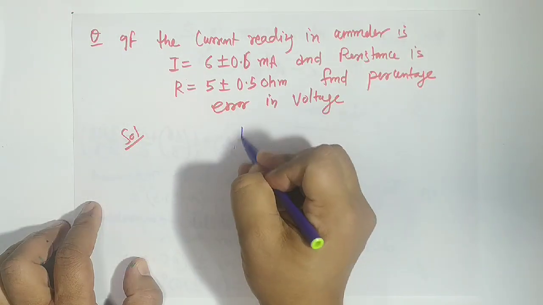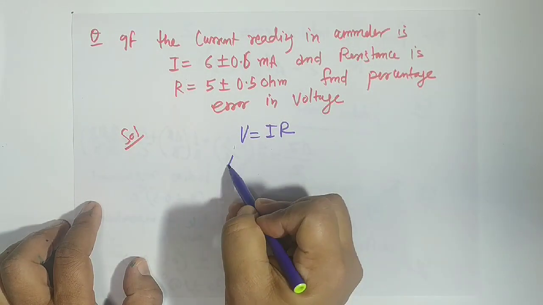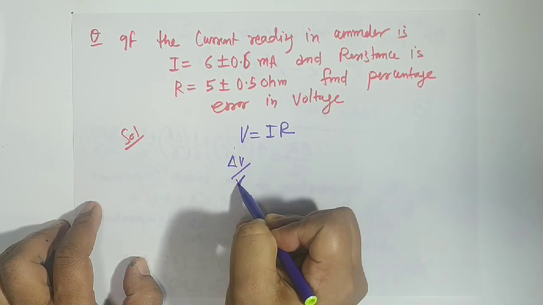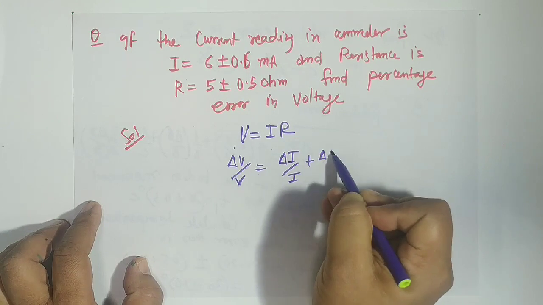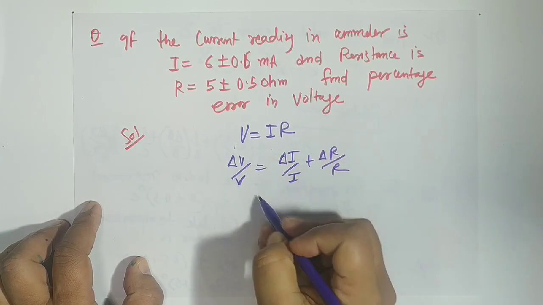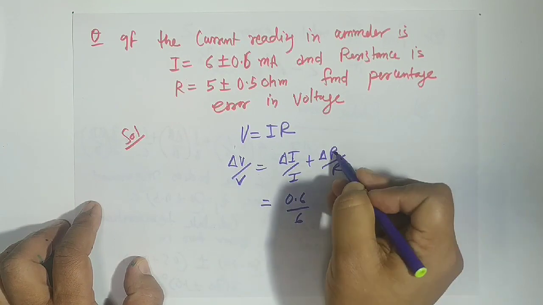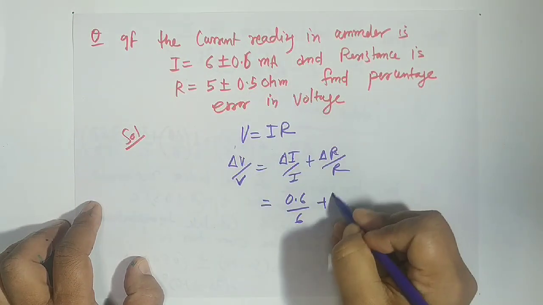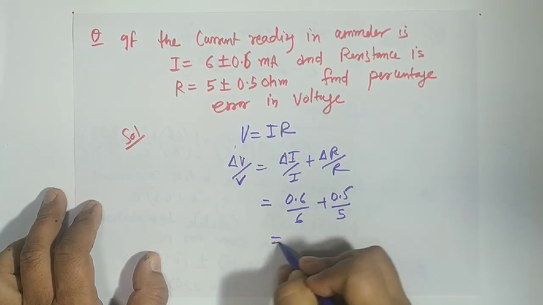Now all of you know how to find it. V is what? IR. So this is a relative error. How are you going to write it? Delta V by V equal to delta I by I plus delta R by R. So delta I is what? 0.6 by 6. Delta R is what? 0.5 by what? 5. And then you solve it.